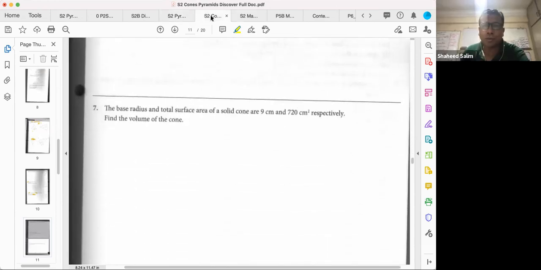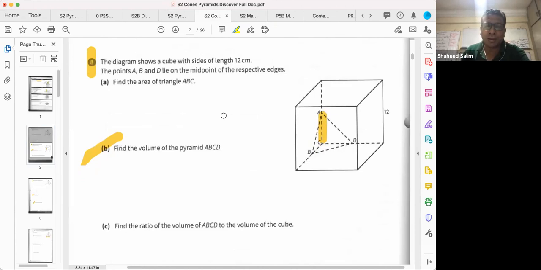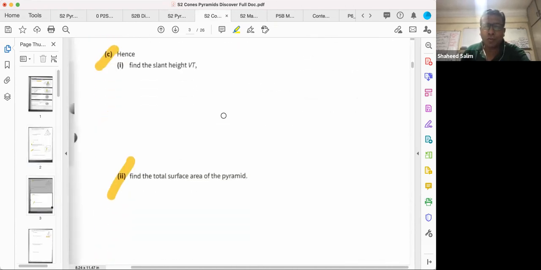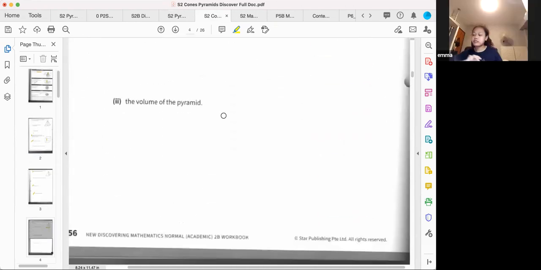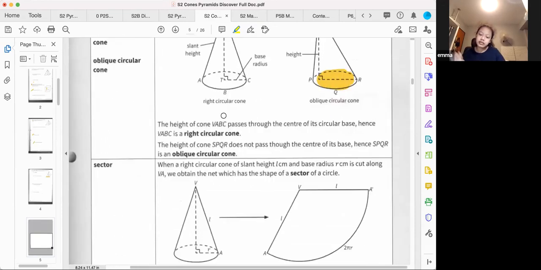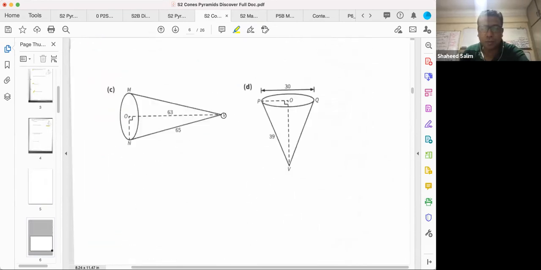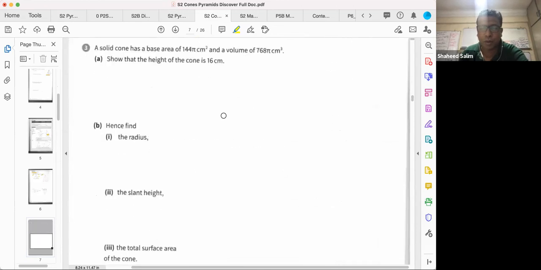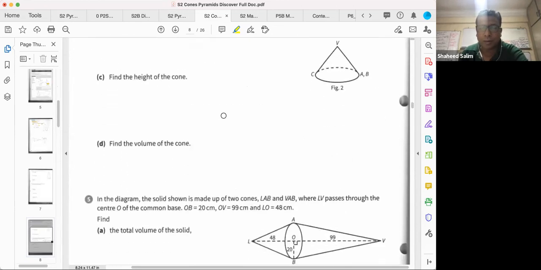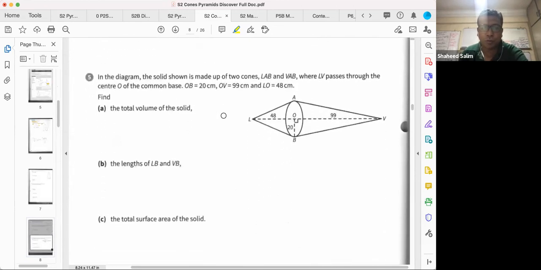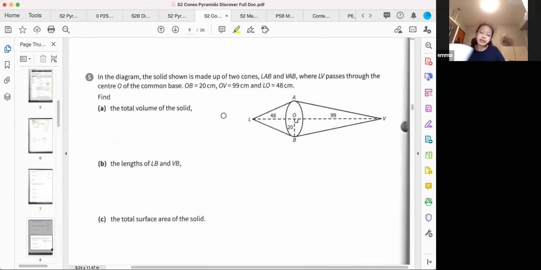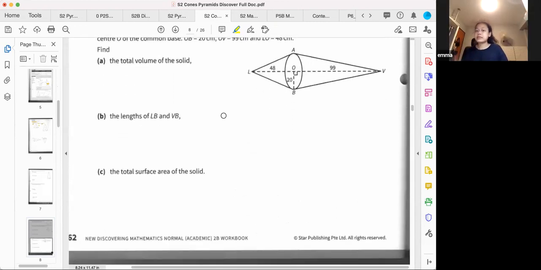Sorry. You finished all your book one. Yes, sir, most of it. Can we do this one? What page is that? This one is page 62.